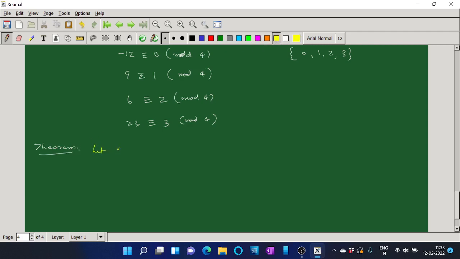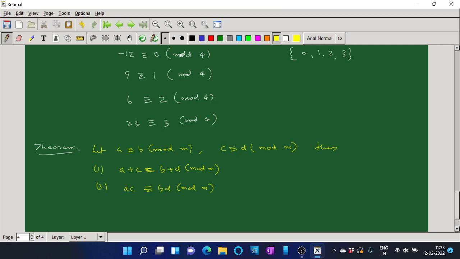Let a congruent to b mod m, c congruent to d mod m, then we have a plus c congruent to b plus d mod m, and ac congruent to bd mod m.